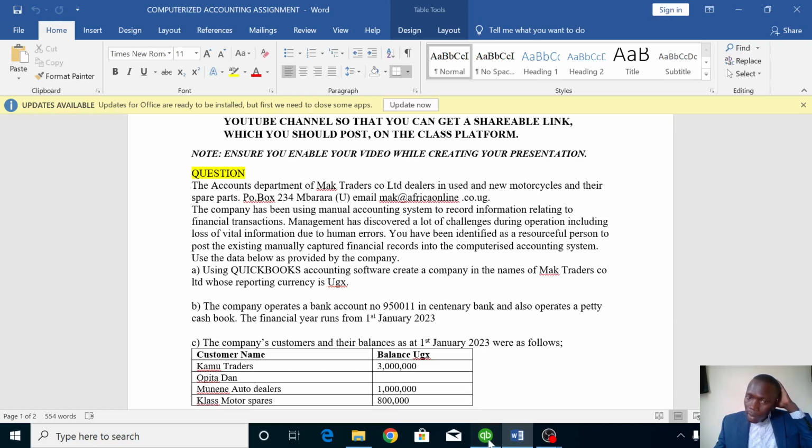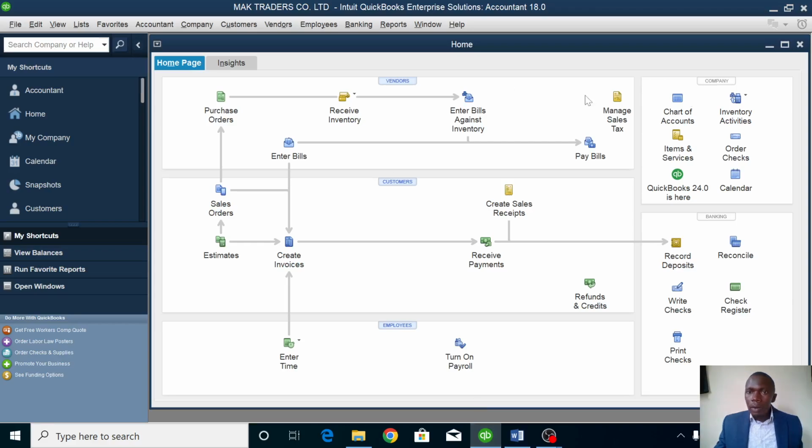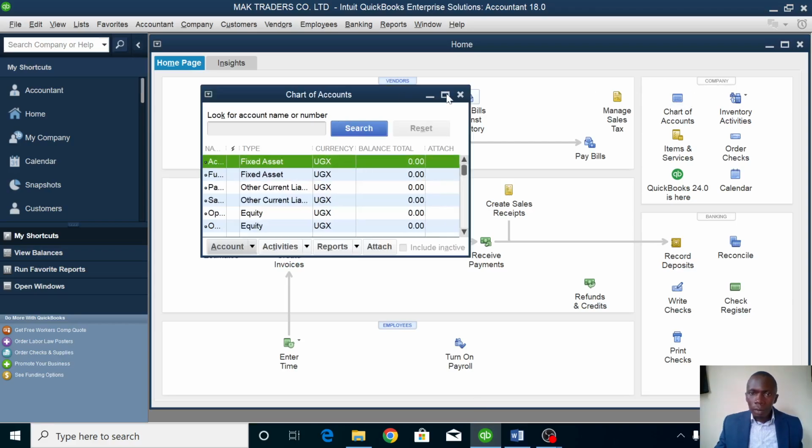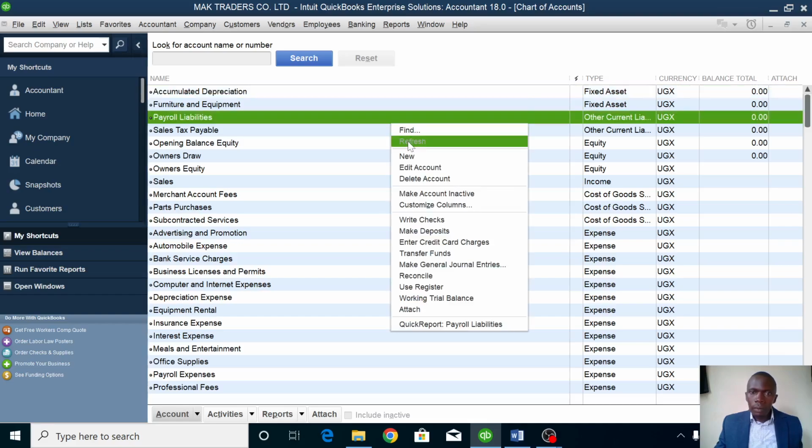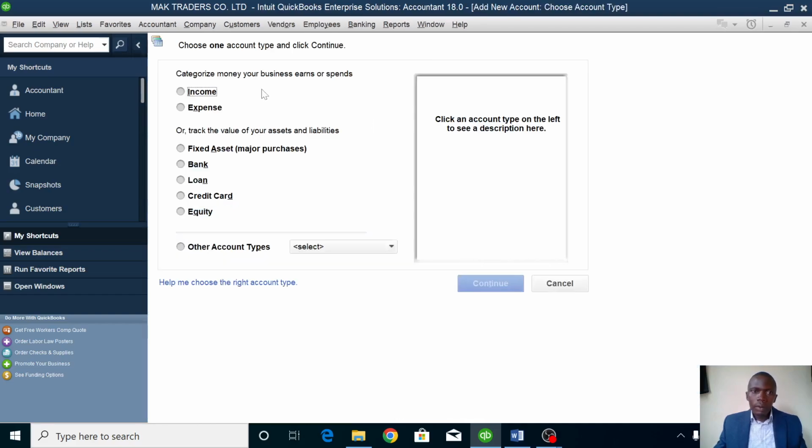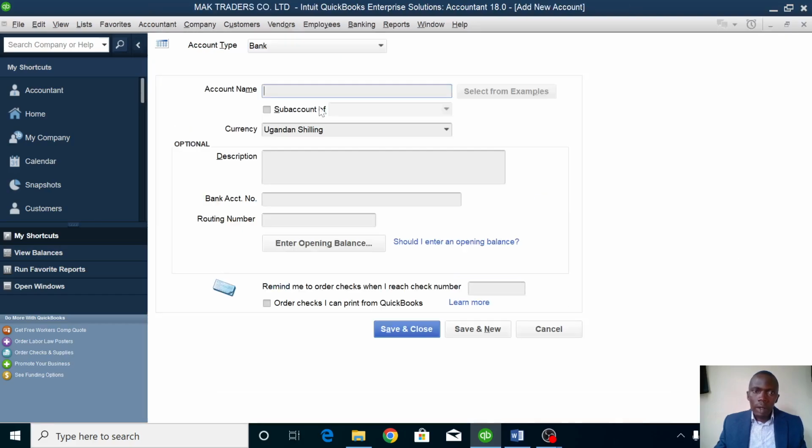So we go back to our QuickBooks, we go to chart of accounts, we create a new bank. Centenary Bank is under bank. We input the name Centenary Bank.